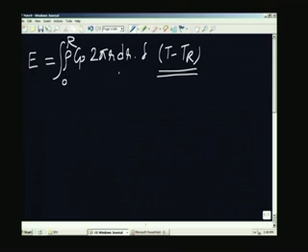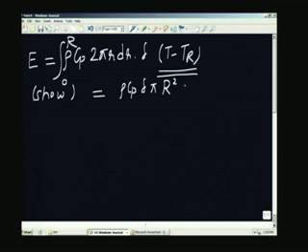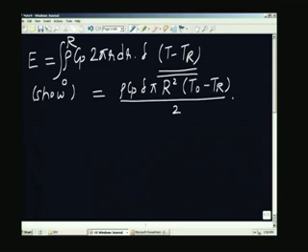So, I can remove all the terms which are independent of position, and therefore, I can perform the integration, and you can show that this is equal to rho Cp delta pi R squared times (T naught minus Tr) divided by 2. I am just trying to find out what is the response by doing a very simple straightforward relationship.